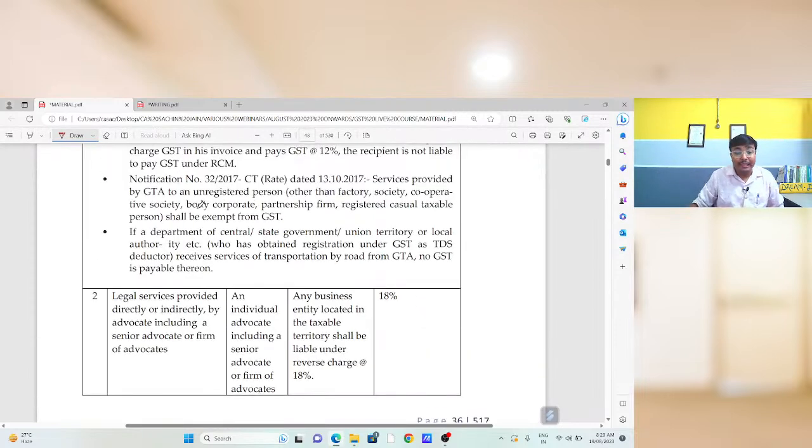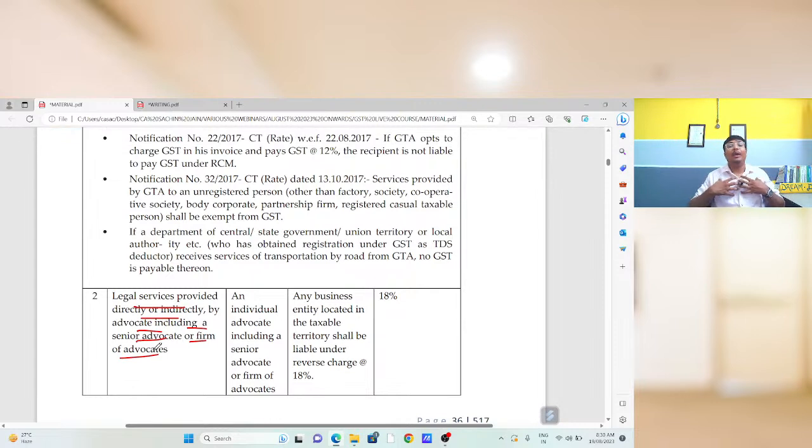Now next, legal services provided directly or indirectly by an advocate, including a senior advocate and firms of advocates. That means when an advocate is going to provide services related to advocacy. This is a very important term. Suppose I am an advocate and I am going to provide written filing services. In that case, the RCM provision will not be applicable.